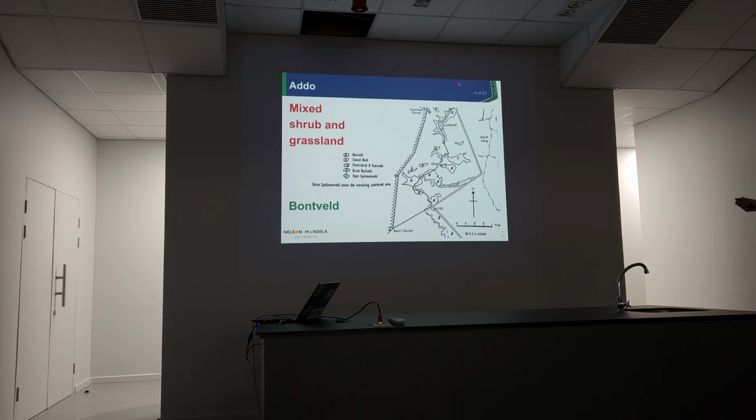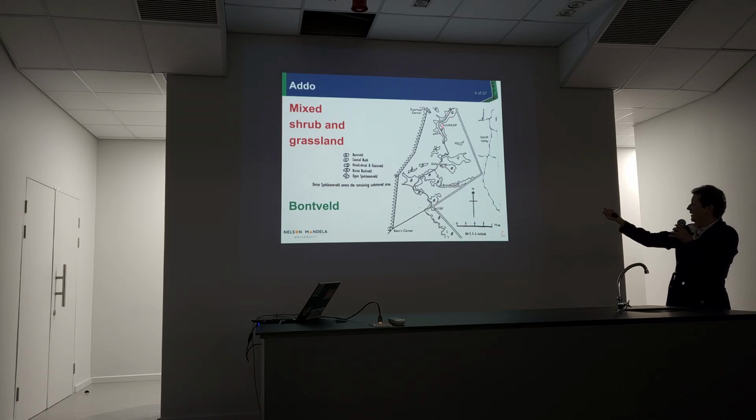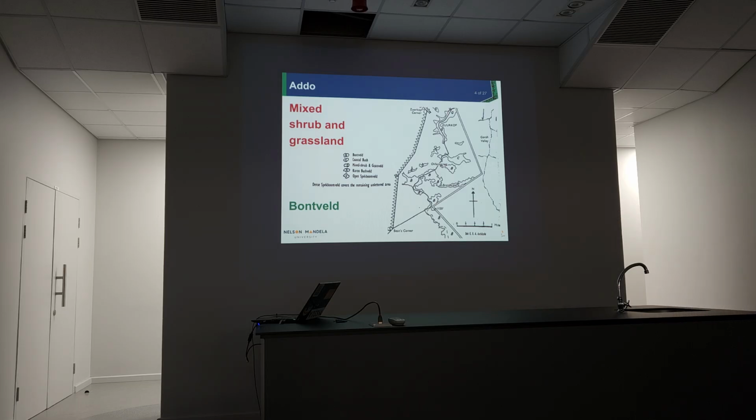So you come up the hill from main camp up here, and then if you drive through these areas here are Bontveld, red soils, deep soils, bush clumps in a matrix of mostly grass. Up here, this area has a calcrete substrate, and she referred to that as mixed shrub and grassland, and that leads us into the Calcrete Bontveld concept, where we have a matrix of dwarf shrubs and grass.